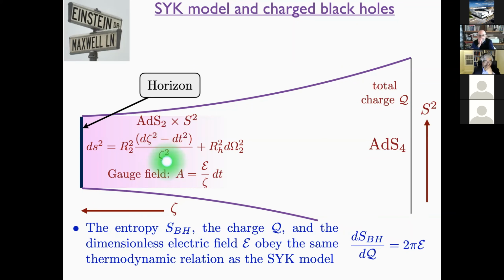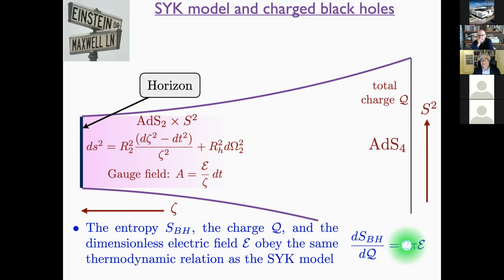But before I get to that, I forgot to mention this. You can relate it to the question that was just asked. By Hawking's formula, you can compute the entropy of this black hole, and you can also compute how it depends on the charge Q. It turns out that this relation I mentioned earlier, the derivative of the entropy with respect to charge, so if you throw more charge into the black hole the entropy will increase, comes from the Einstein equation: the rate of increase of entropy with charge is the electric field on the boundary of the system.